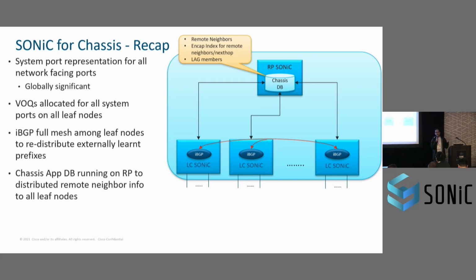Anything that is not traditionally exchanged through routing protocols can now be exchanged through the chassis DB. For example, things like LAG membership, remote neighbors and next hops. The DB that runs on the chassis has been a good model for exchanging that information.